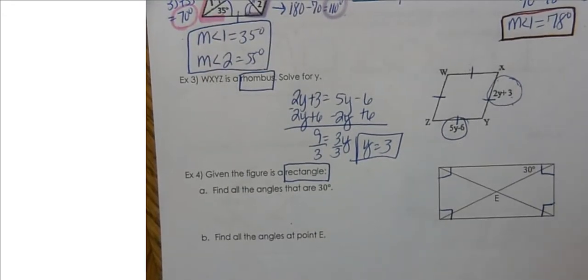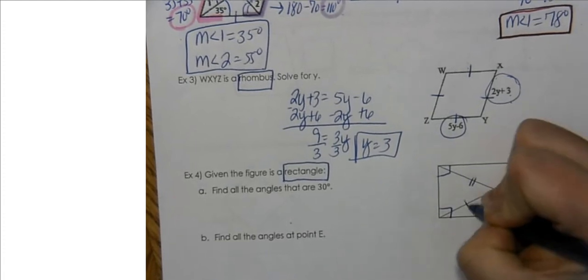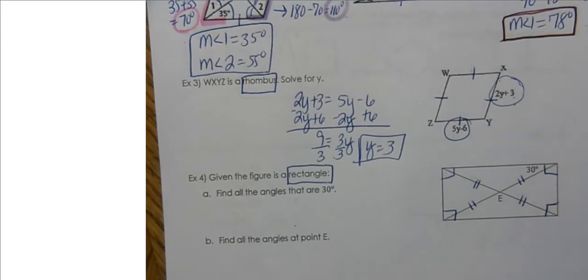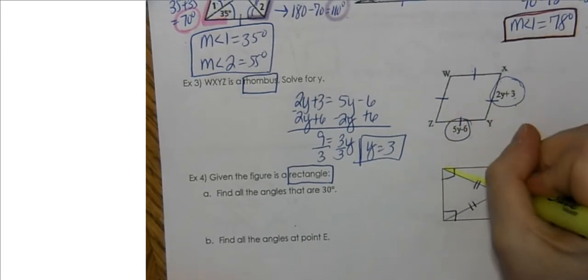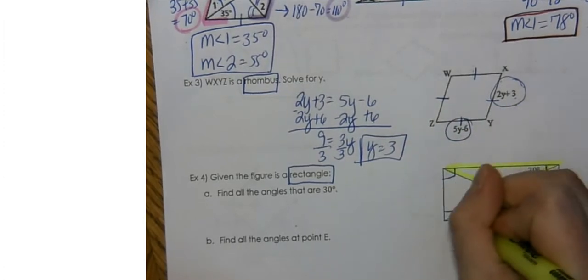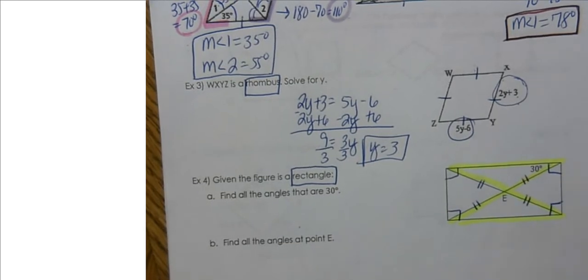Now remember, we know that the diagonals not just bisect each other, we know that they are congruent. And what that uniquely creates is isosceles triangles that are congruent to each other. So I have 2 pairs of congruent triangles.